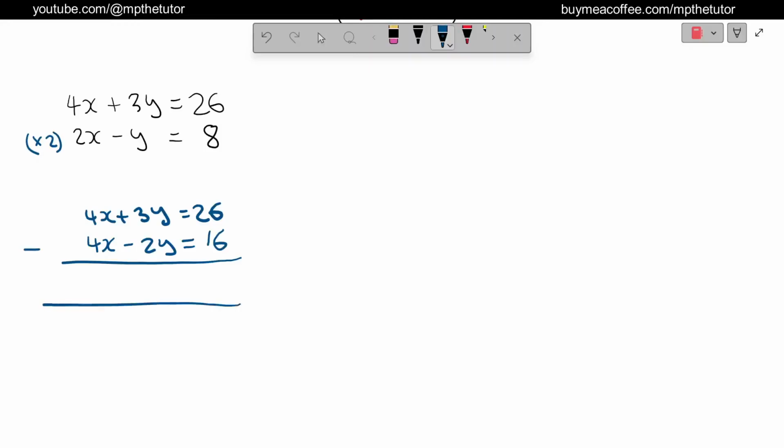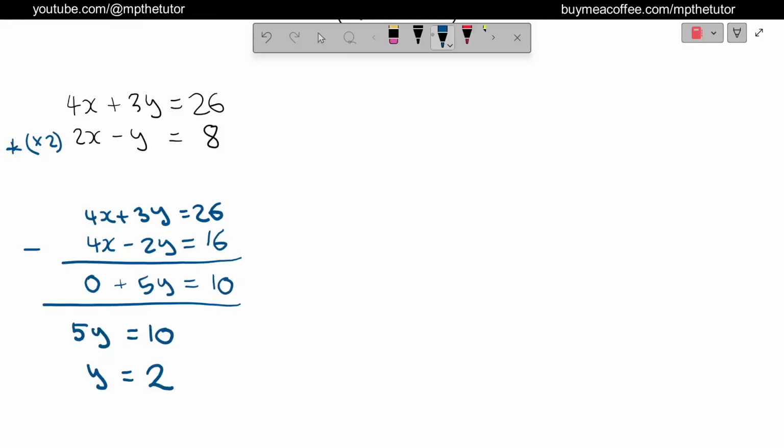And then we're going to subtract one from the other. So 4x minus 4x is 0. 3y minus minus 2y, which actually makes it plus. So you have 3y plus 2y is 5y. Then 26 minus 16 is 10. So then we have 5y equals 10. We divide both sides by 5. We get y equals 2.